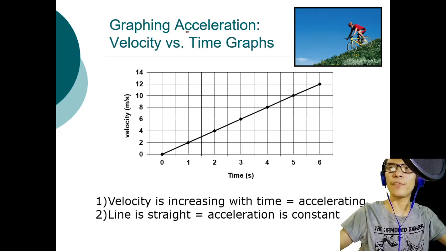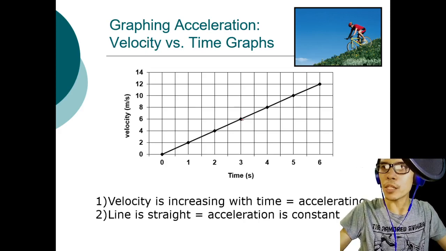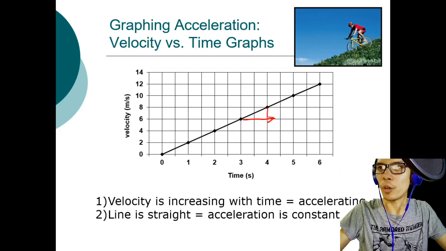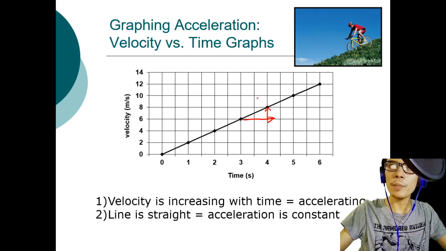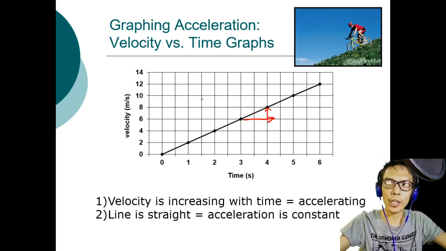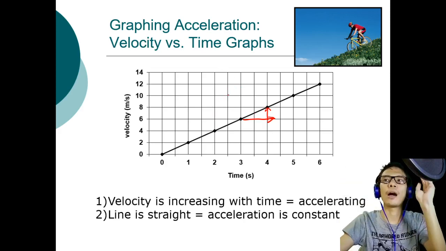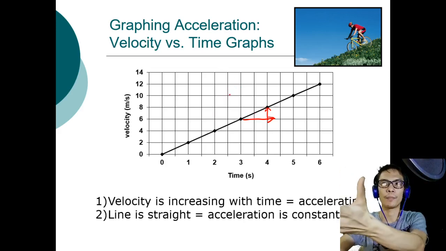Now, in this case, we have velocity versus time. If you want to compute the slope, rise over run, the answer is acceleration. So in short, slope and acceleration are the same on this graph.